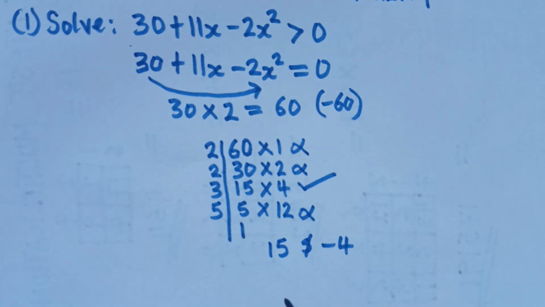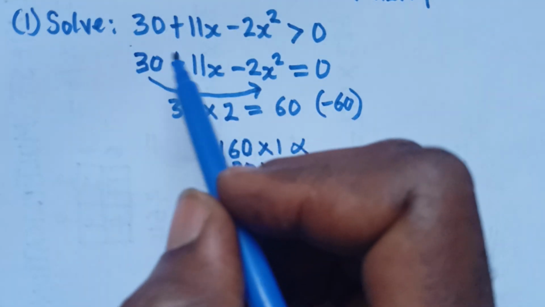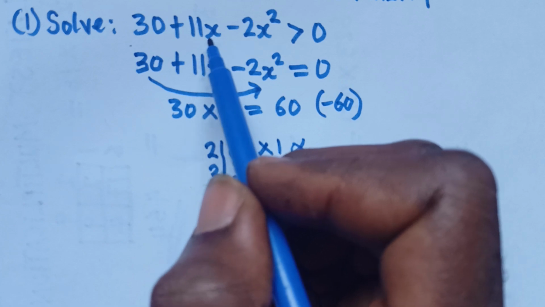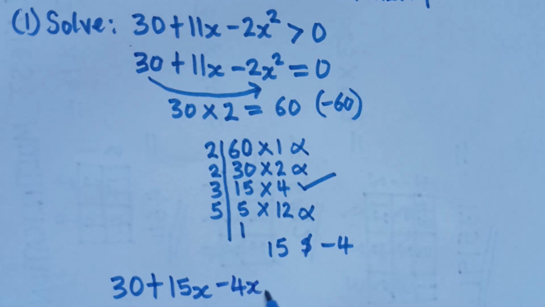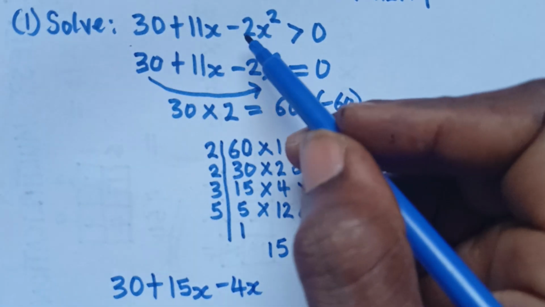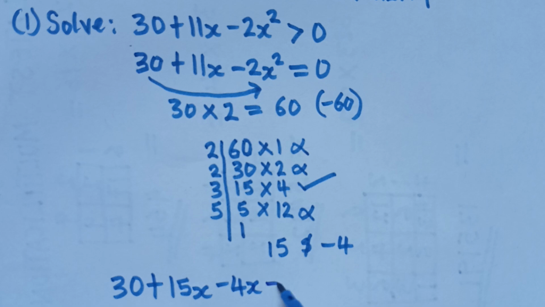So what I'm going to simply do now is to replace this 11x here, positive 11x, by these two factors. So let me rewrite the equation as 30 plus 15x, don't forget the x, then minus 4x, then originally I have the minus 2x squared there, so I'm going to put minus 2x squared, and everything is equal to 0.